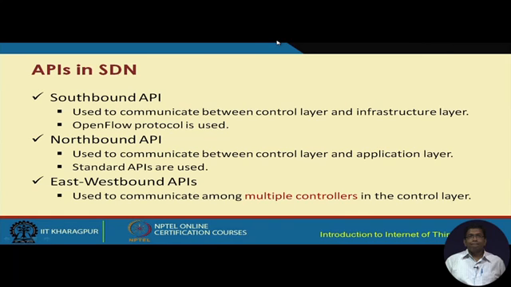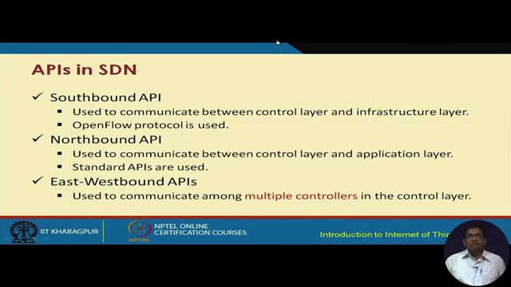The first one, between the control plane and the data plane, that means the infrastructure, is the southbound API, and the OpenFlow protocol is the protocol that is used for southbound API communication. The northbound API is used to communicate between the control layer and the application layer, and all the existing standard APIs can still be used in the northbound API.